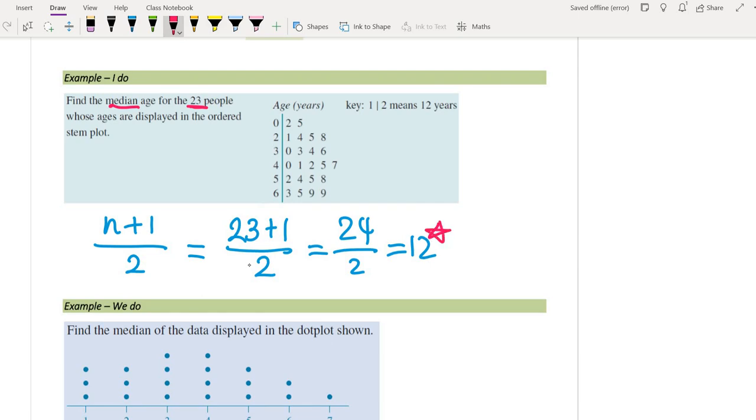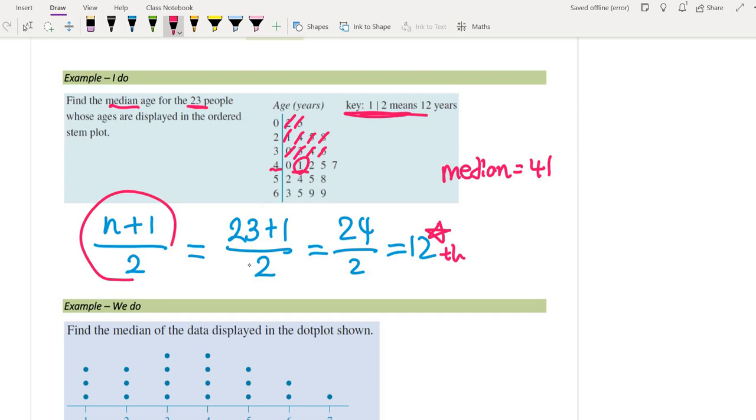That is very important. You haven't calculated the median yet. This is the position of the median in your data. So now you go 1, 2, 3, 4, 5, 6, 7, 8, 9, 10, 11, 12. That is the median, and that value there is 41. You can see the key here and read this stem and leaf plot correctly. So the median is not 12, it's 41.